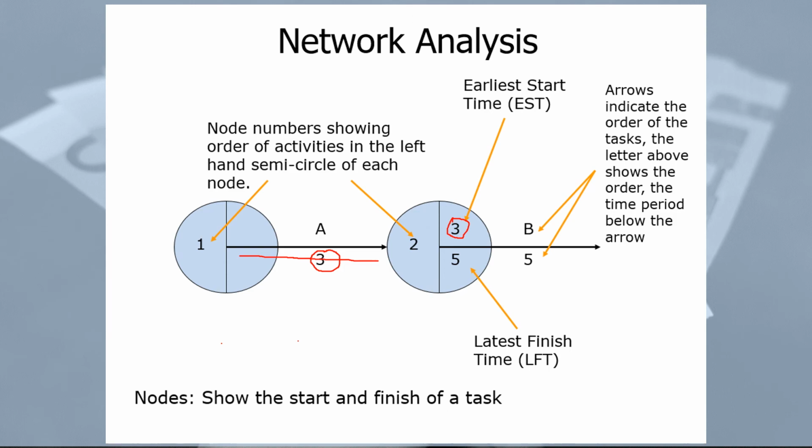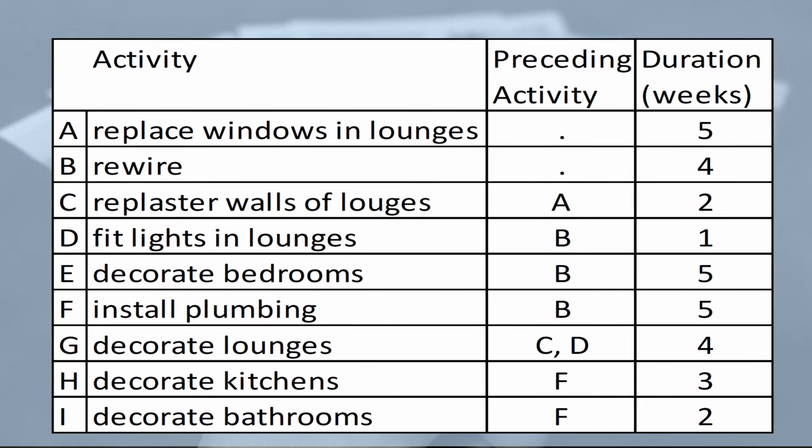Let's look at this activity here. In this example, we are doing a house, and we are replacing windows in the lounge, rewiring, replastering the walls of the lounge, refitting the lights in the lounge, decorating the bedrooms, installing the plumbing, decorating the lounge, decorating the kitchens, decorating the bathrooms.